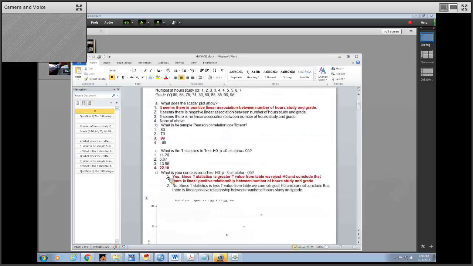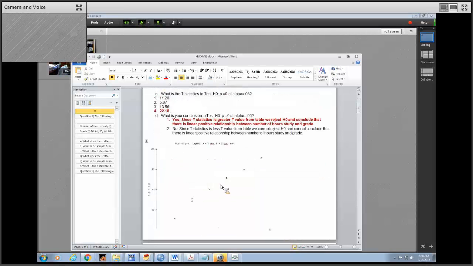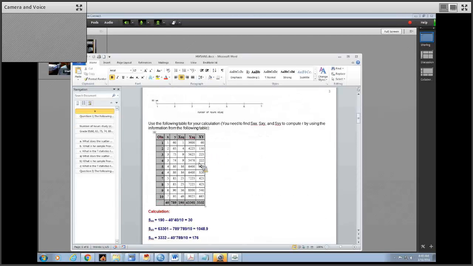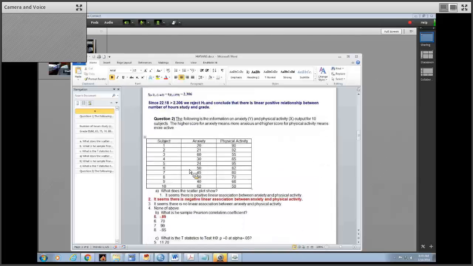So question C was 22.118. And what is the conclusion? Yes, because our T statistic is greater than T from the table, we reject the null and conclude that there is a linear positive relationship between number of hours of study and grade. It's important for you to explain the correlation in terms of a linear relationship, either positive or negative. So that's question 1.